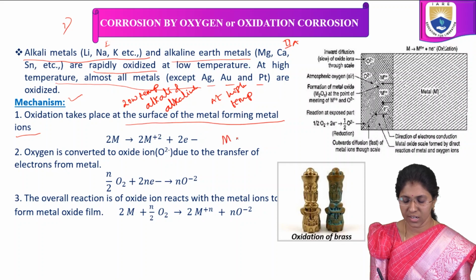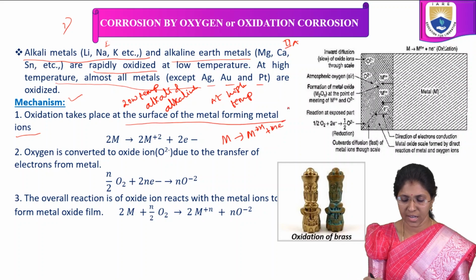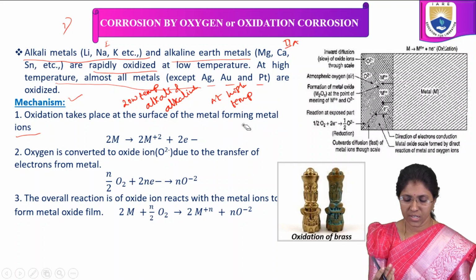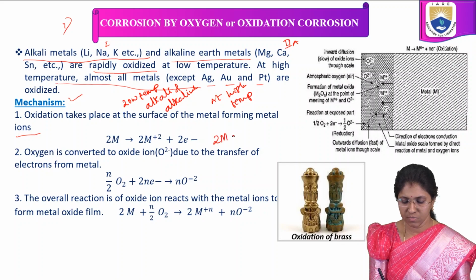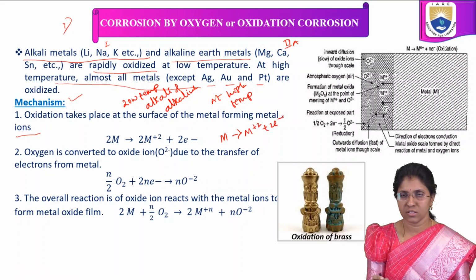The metal undergoes oxidation and is converted into a metal ion and two electrons.